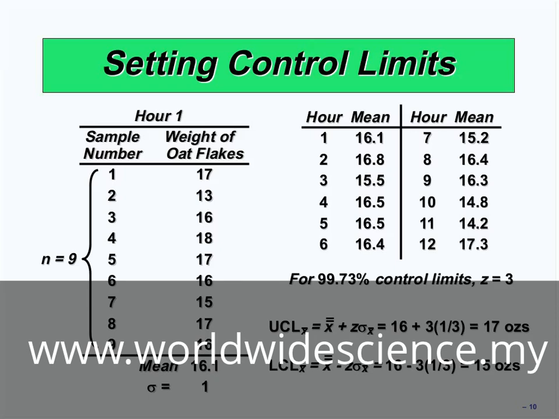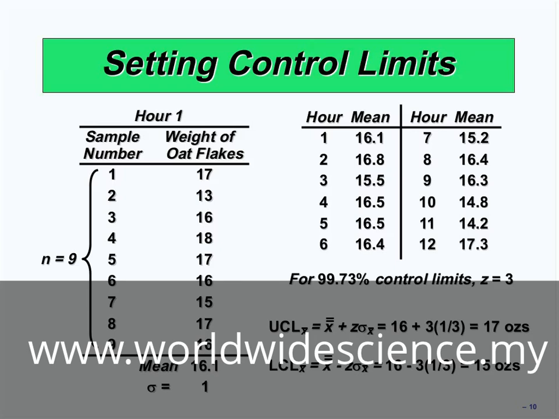Please look at the table on the right. In hour 1, the mean of the 9 cups was 16.5. In hour 2, it became 16.8. In hour 3, it became 15.5. To the end, now we have 12 data points.